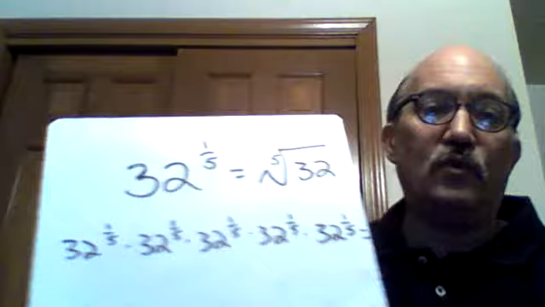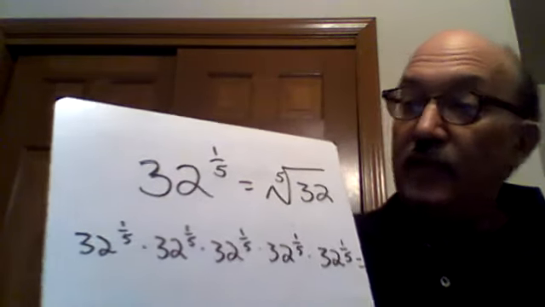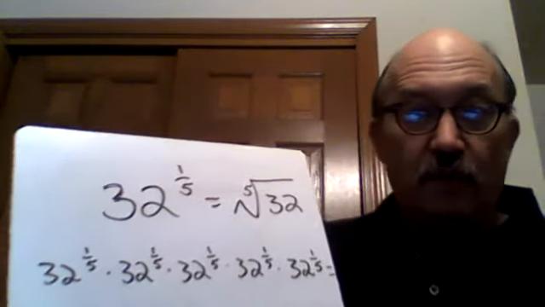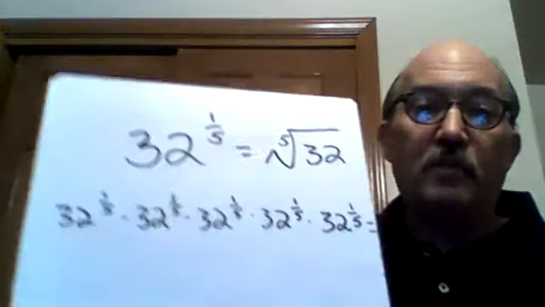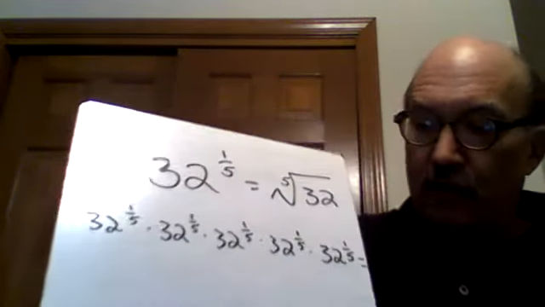Just barely had enough room to write it there. Rule number 1 would tell us to add these exponents. 1/5 plus 1/5 plus 1/5 plus 1/5 plus 1/5 is 1. So all of that is equivalent to 32 to the 1, or 32. We just multiplied 5 of these same numbers together to get 32.